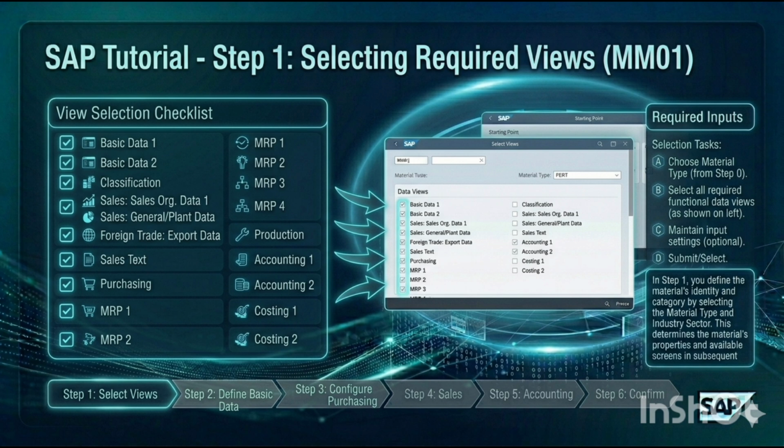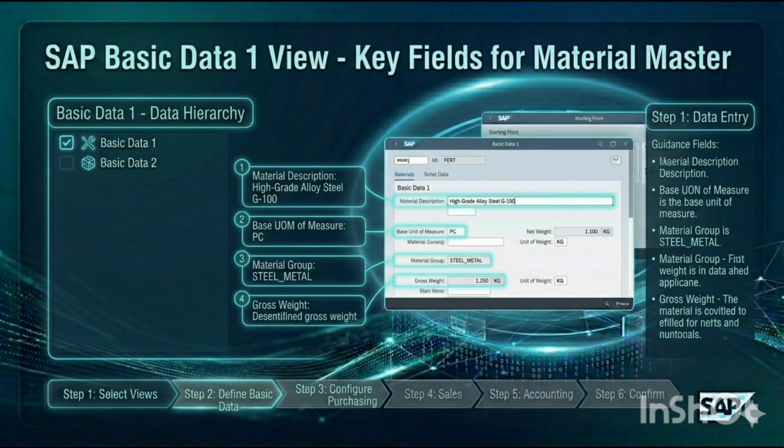We have now reached the Basic Data 1 view. This is the foundation of every material. Here you enter the material description in your local language, then define the base unit of measure, for example, pieces PCS, kilogram KG or liter LTR.